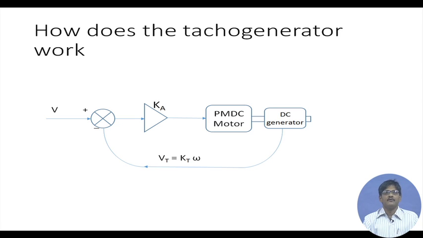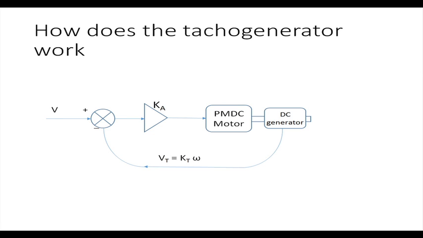That means voltage V is coming and from that voltage Vt is subtracted, and the result is amplified, since it is going to be a very small value as it is subtracted. This result is amplified through an amplifier which has a multiplying constant of KA. So, we will basically have V minus Vt multiplied by KA, and this is fed into the permanent magnet DC motor.